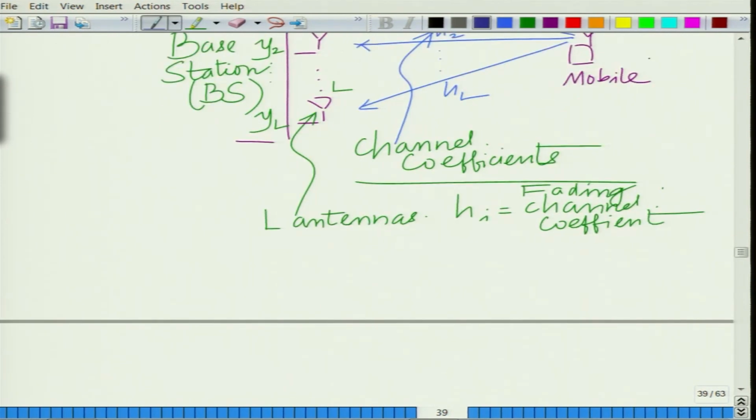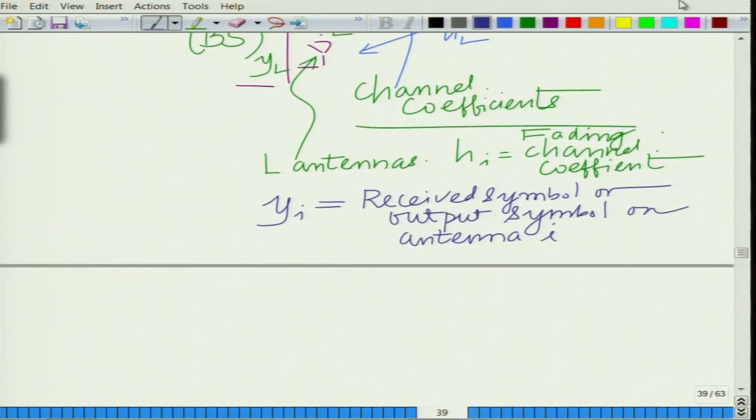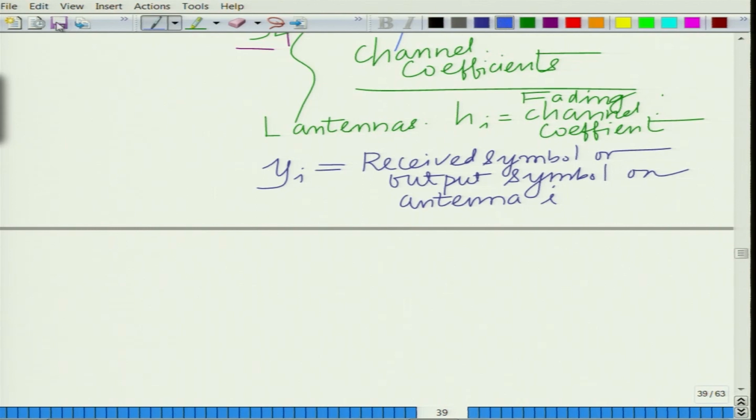So, Yi equals the received symbol, or you can say output symbol, at antenna i. Hi is the channel coefficient, X is the transmitted symbol.